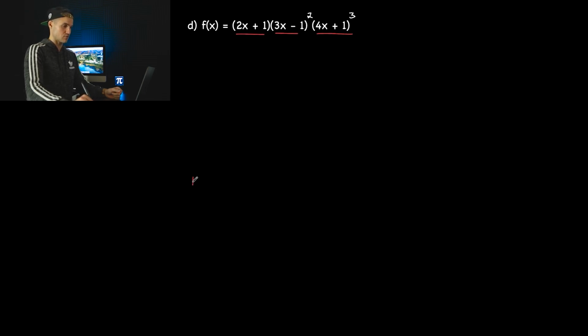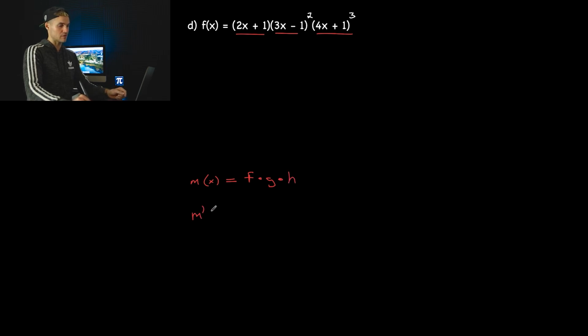If you remember from the lecture videos, let's say that we have 3 functions. I'm going to write this as m of x, and we have 3 functions here, f times g times h.